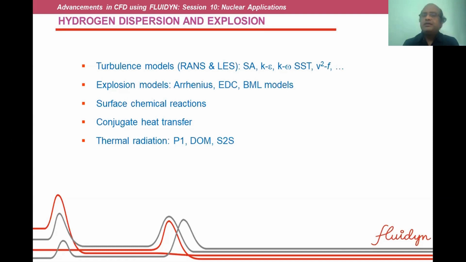And as we will see in some of the case studies, this also will include the surface chemical reactions, and as we have already seen, it will also involve conjugate heat transfer and radiation.